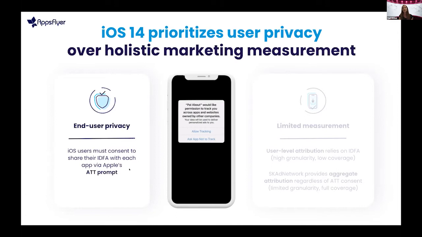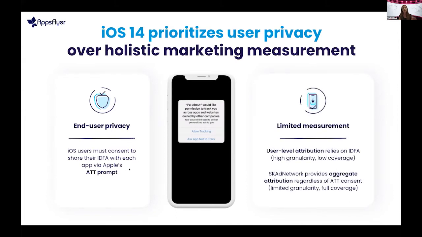So in order to fill that gap, Apple required marketers to adopt SKAdNetwork, which is a deterministic solution that helps to attribute all users regardless of ATT consent. But this solution comes with the cost of user-level granularity.